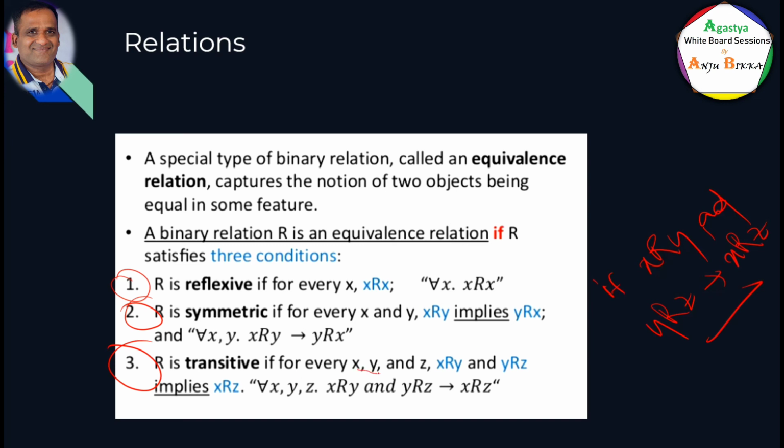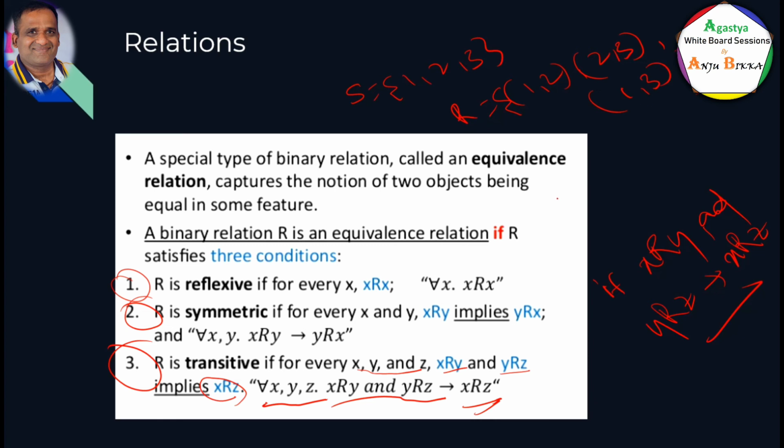For every x, y, z, xRy and yRz implies xRz. This is also the notation. When we have a set {1, 2, 3}, then we have a relation R over the set: (1,2), (2,3) and (1,3). Is this transitive?